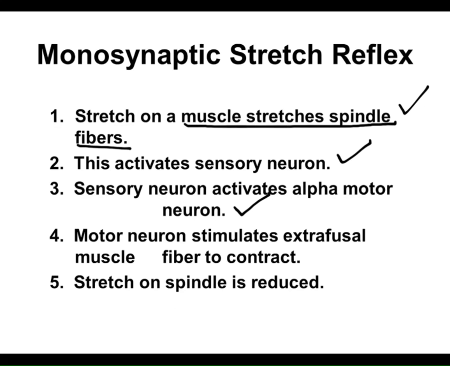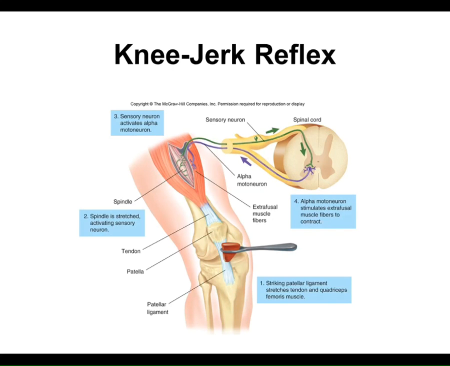So when you hit the hammer, you're stretching the muscle. You're stretching those intrafusal fibers. They're sending a signal that now will activate your contractile fibers and cause the stretch to be reduced on the muscle. So again, you're hitting the hammer, right?